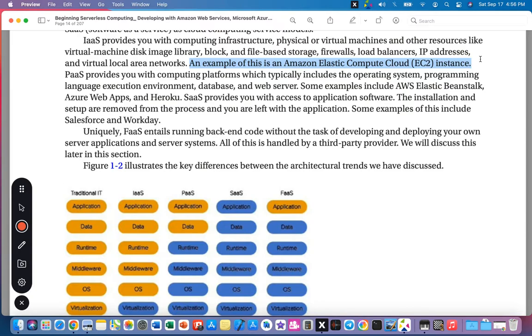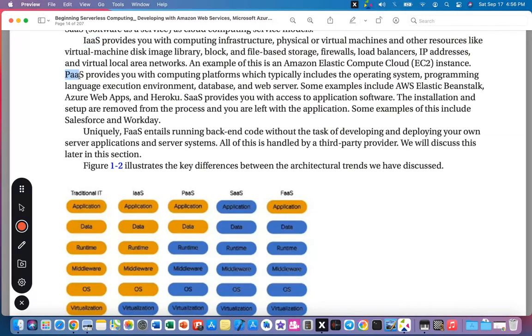So what is EC2? It's Elastic Compute Cloud. Who owns that service? Amazon. What model does it follow? IaaS, which means infrastructure as a service.